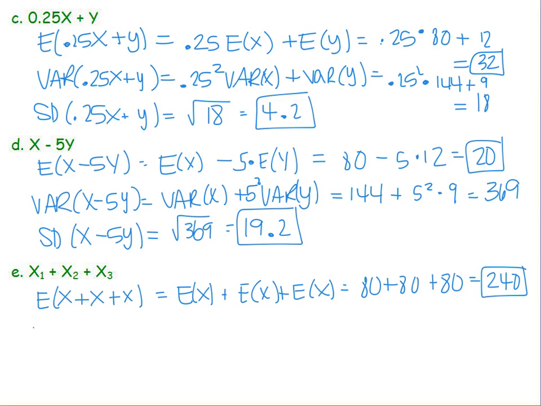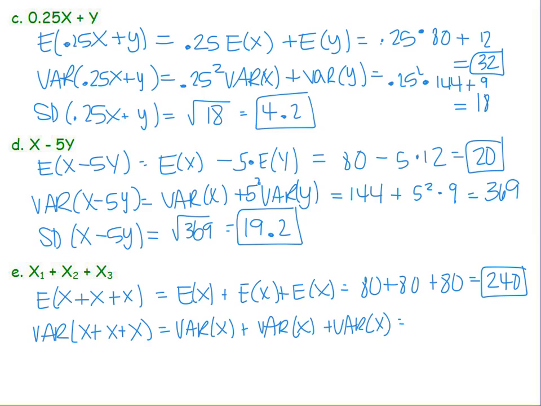Then we're going to do the same exact thing with variance. Variance is always addition because of equation 6. So that's variance of x plus variance of x plus variance of x.